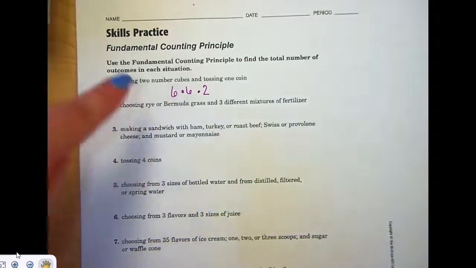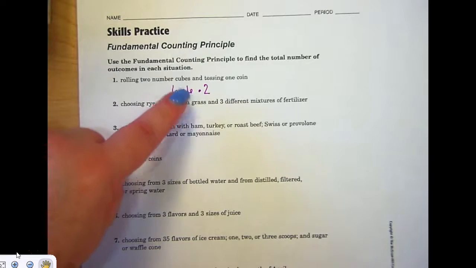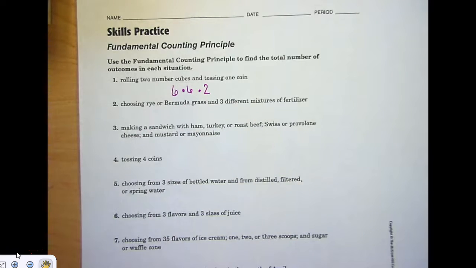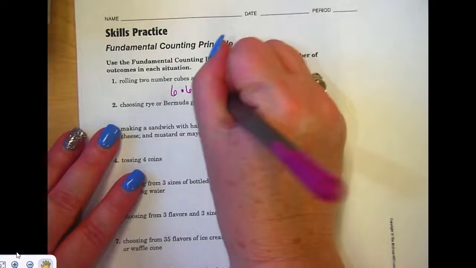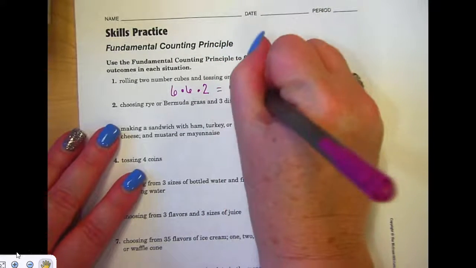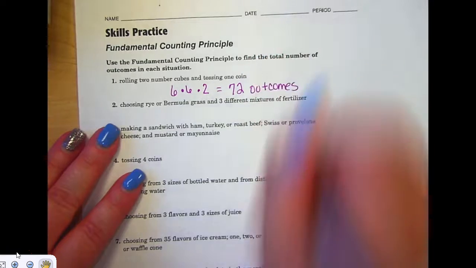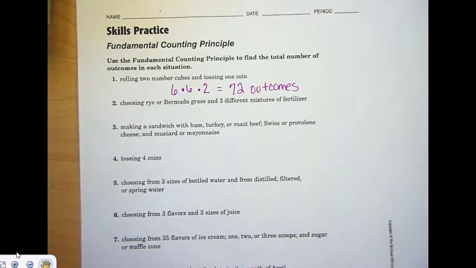So, rolling the first dice, there's 6 outcomes. The second dice, there's 6 outcomes. Flipping a coin, there's 2. 6 times 6 is 36. 36 times 2 is 72 outcomes. That's what you do for the fundamental counting principle.